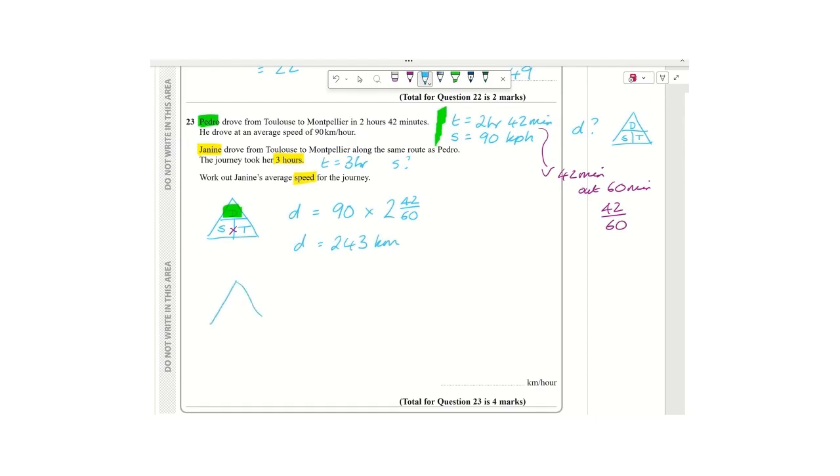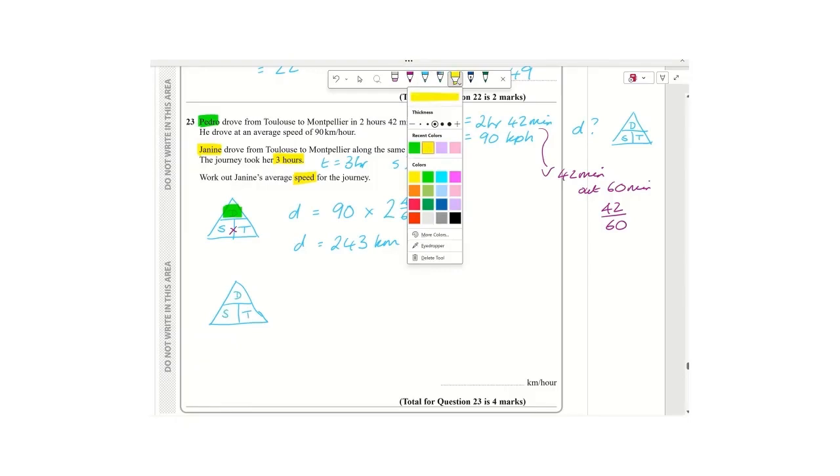And if we then do the same for Janine, this time we now know the distance and we know the time, and we're trying to find her speed because the distance is the same. So speed then is distance divided by time.